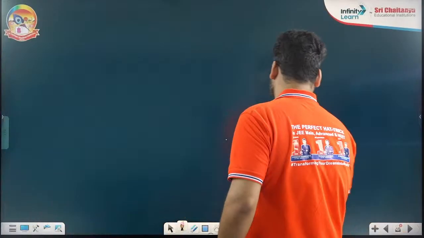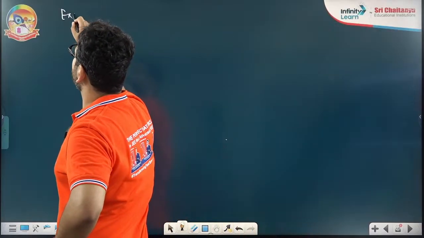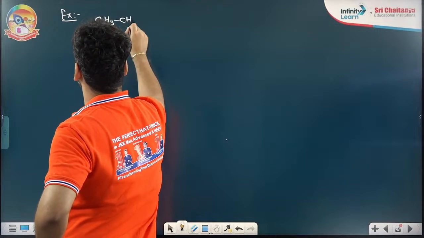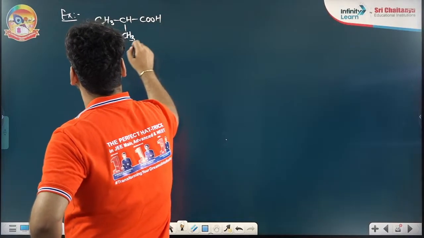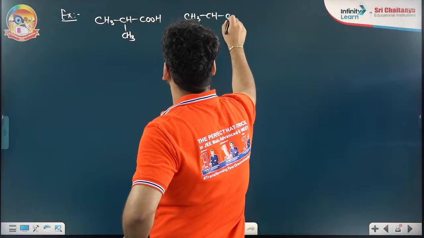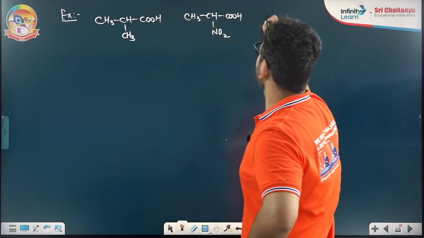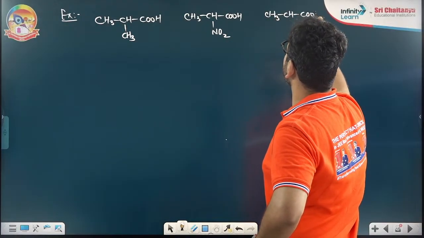Next example, let us see one more example. Now I am taking a carboxylic acid, CH3, CH, COOH. Here a CH3 is attached. CH3, CH, COOH. Here a NO2 is attached. CH3, CH, COOH.